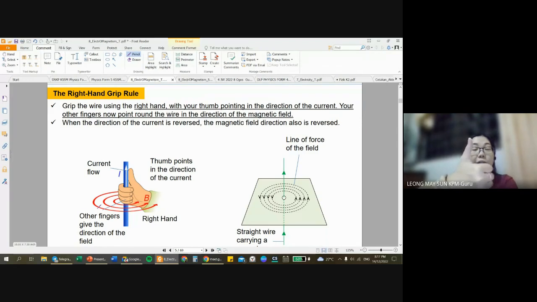So for me, in the right hand grip rule, the good sign represents the magnetic field direction, for us to determine it. Generally, the thumb is used to represent the direction of current, whereas the fingers represent the direction of the magnetic field. There are certain situations where we will switch. I will teach you one by one how to identify it.